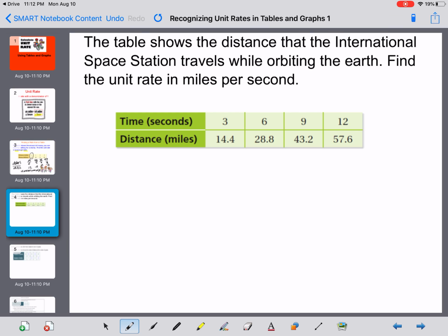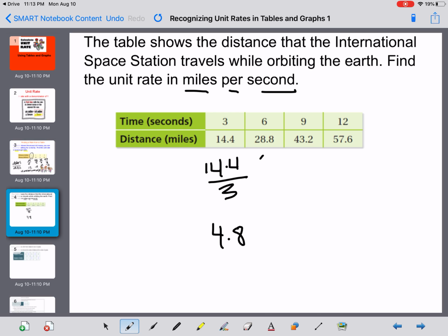The table shows the distance that the International Space Station travels while orbiting the Earth. Find the unit rate in miles per second. In this first one, I have 14.4 divided by 3. Well, I don't know what that is, so I'm going to get out my calculator. And I get 4.8.